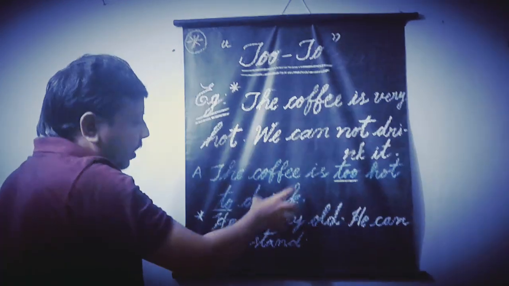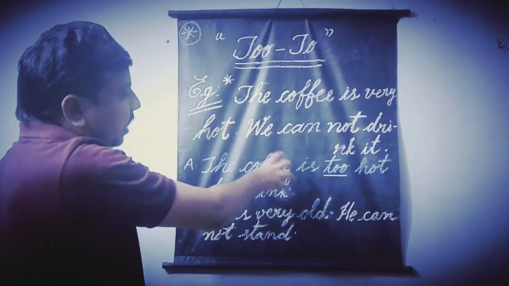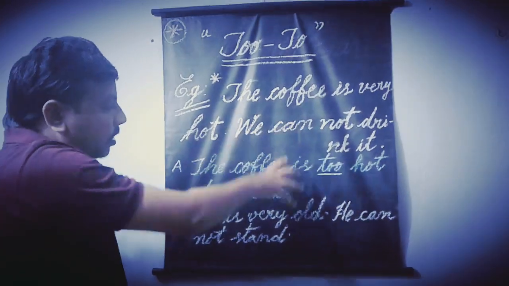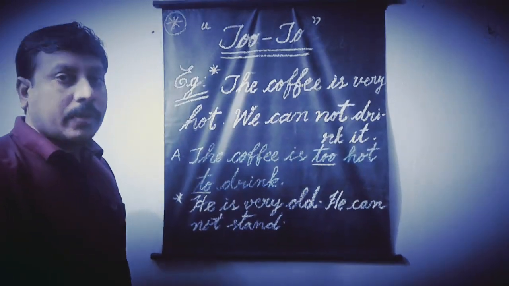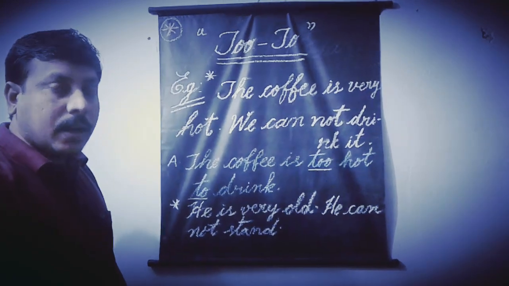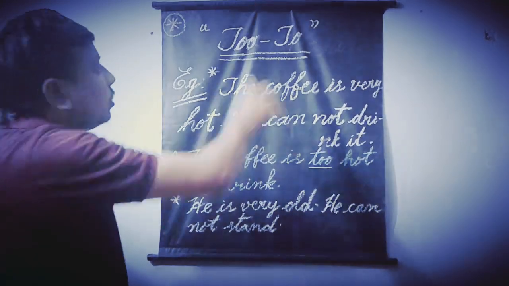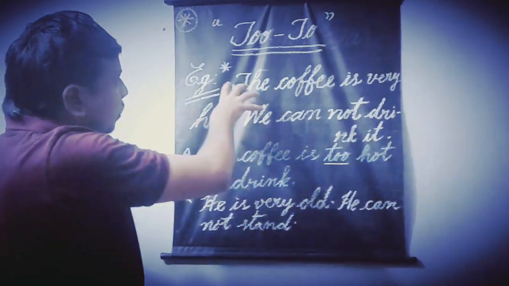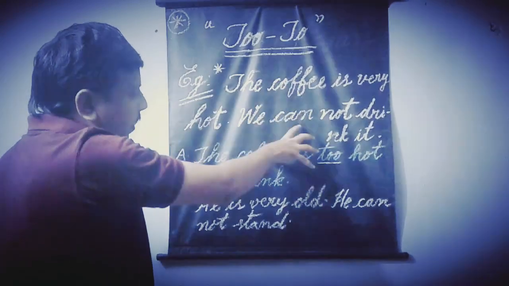Here we have some examples which are related to "too". If you observe these examples, we can simply understand how to use "too" in a sentence. Here two statements are given.